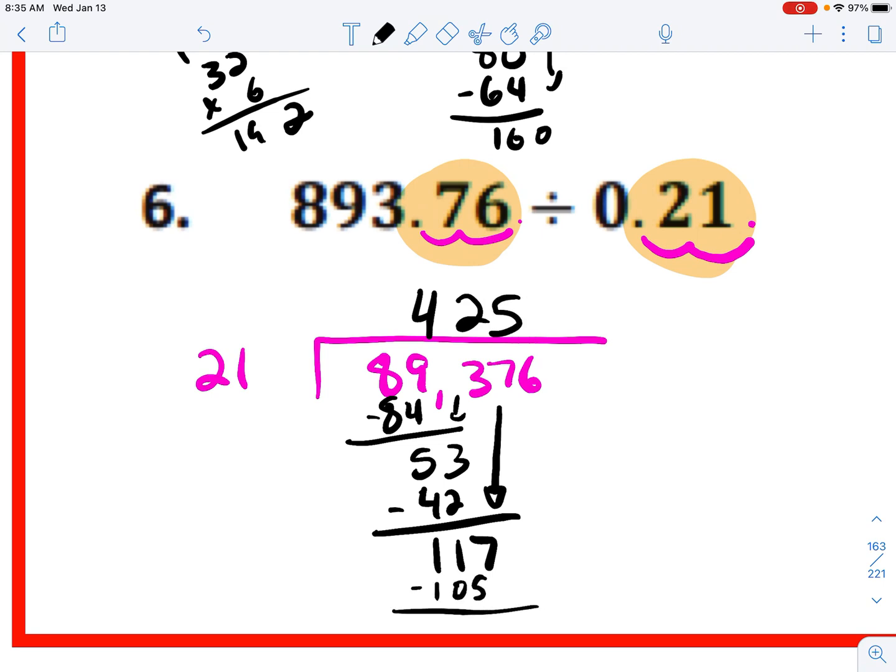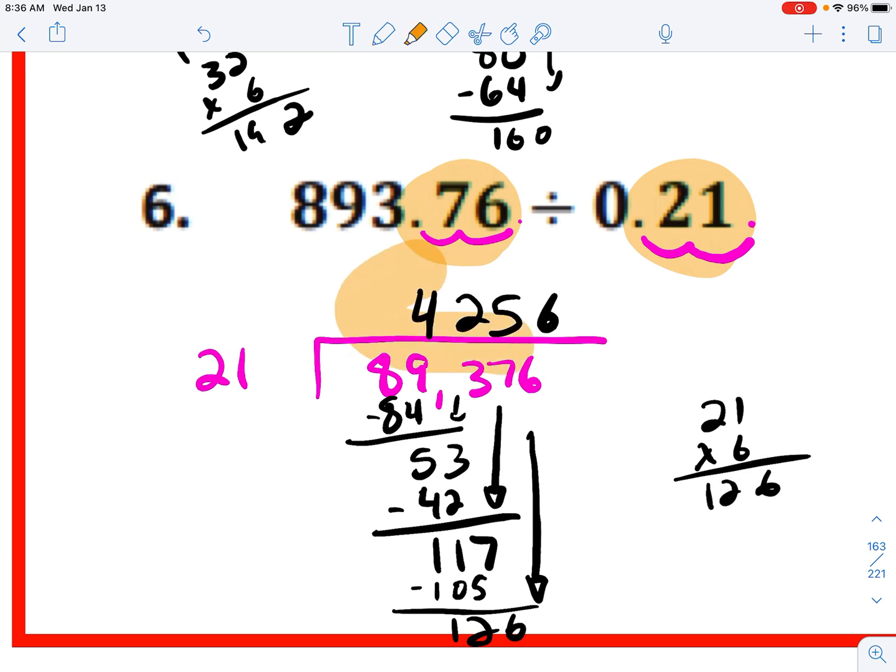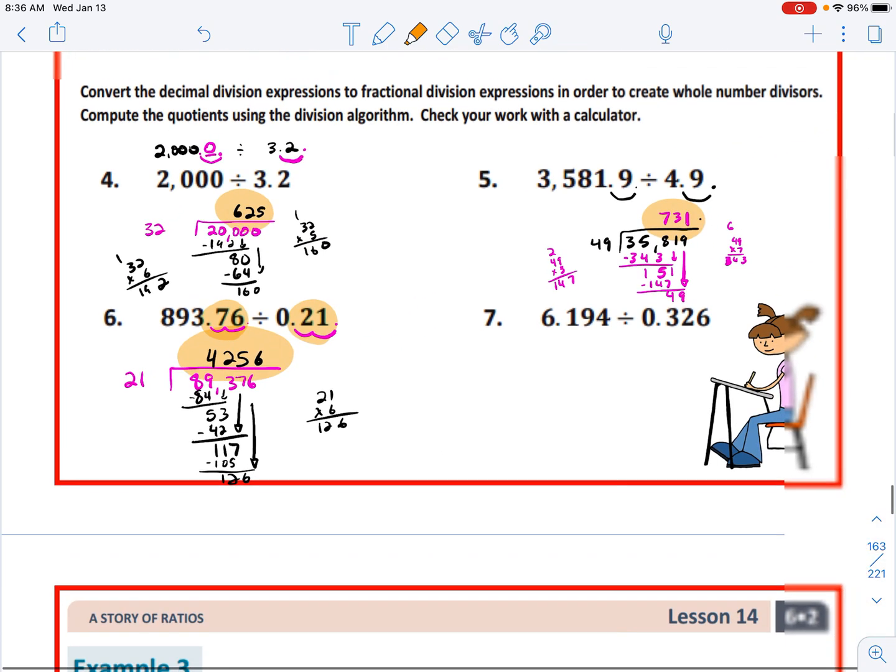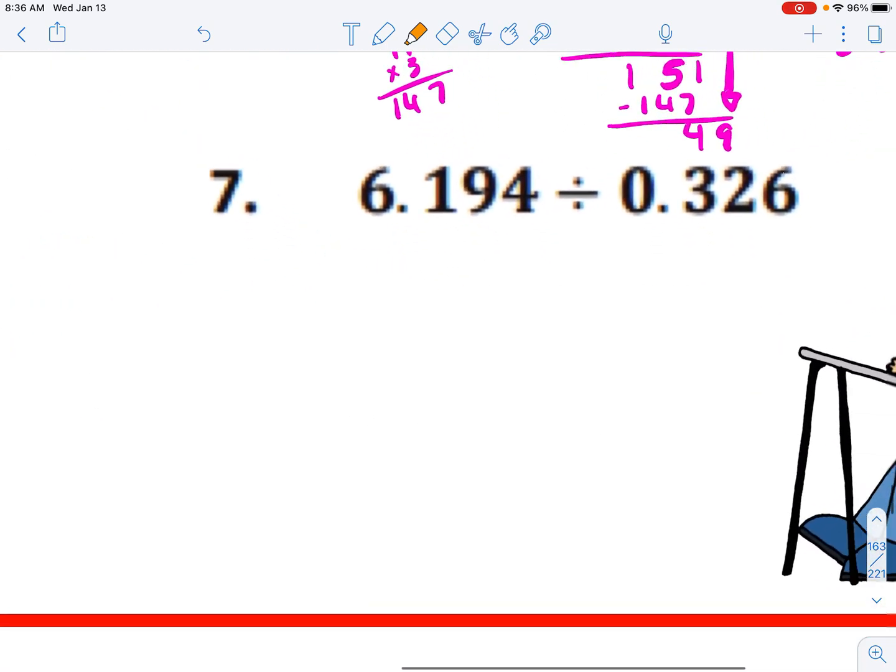That is 105. You subtract that and you get 12. And the last number is a 6. 21 is going to go into 126 6 times. And I'm going to see if it's even. And it is. Okay, so our answer comes out to 4,256.